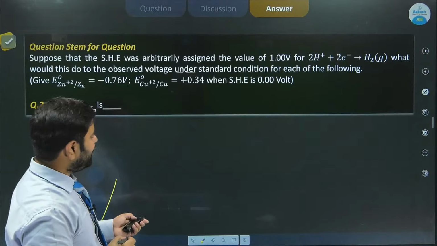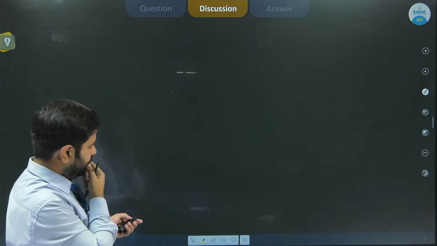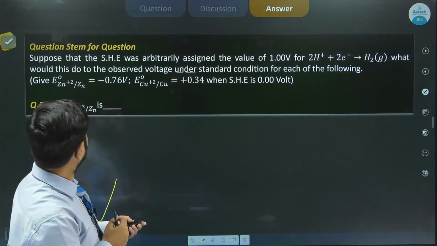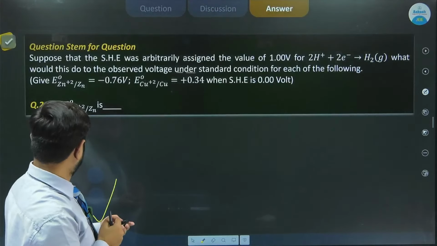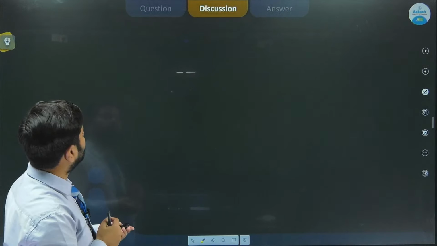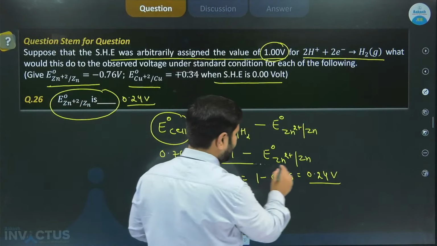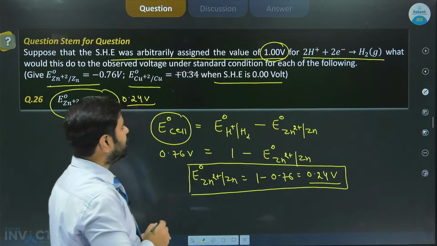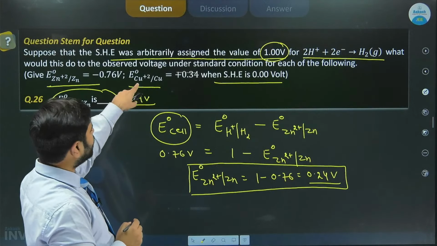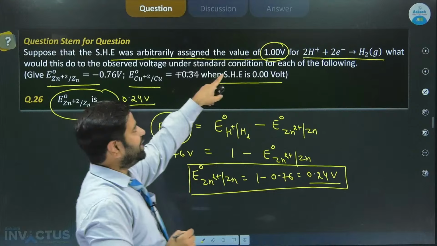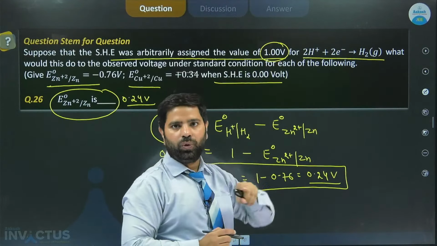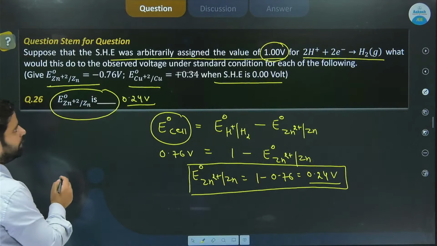In the same way, we can calculate the E0 value of copper 2+ when the standard hydrogen electrode potential is 1 volt. How can we calculate?